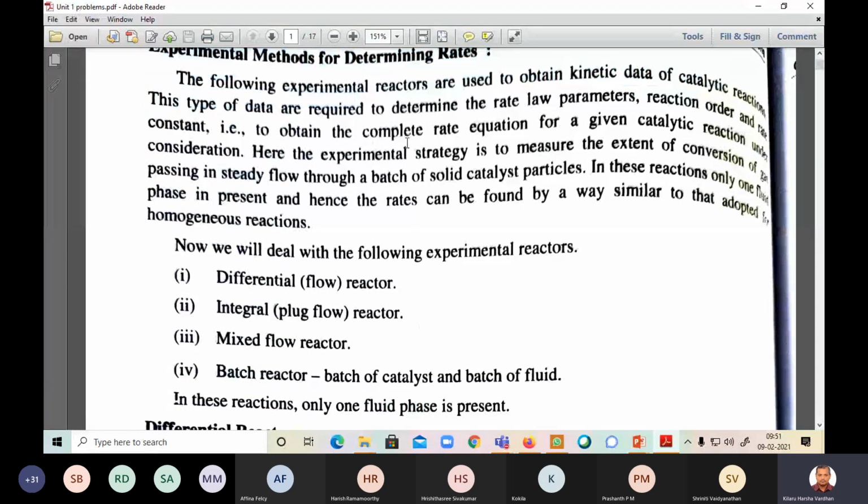That's what I'll just read here. The following experimental reactors are used to obtain the kinetic data of catalytic reactions. This type of data is required to determine the rate law parameters, reaction orders, and the rate constants.